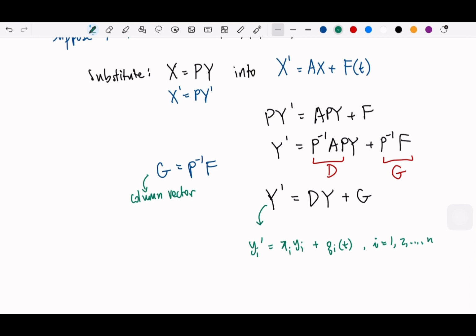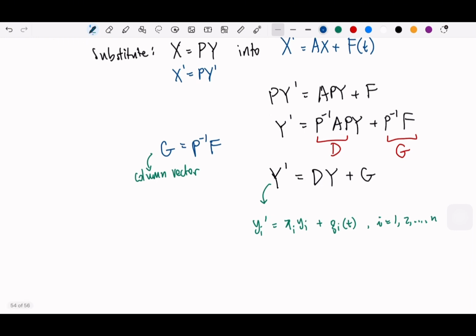Because P inverse needs to be multiplied by F to find the new column vector G. So we need to find P inverse and G.